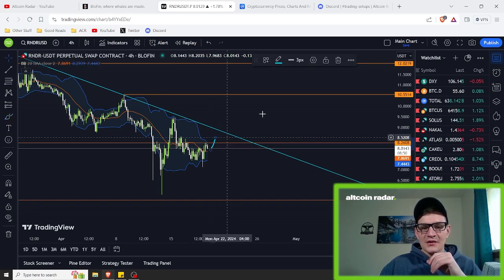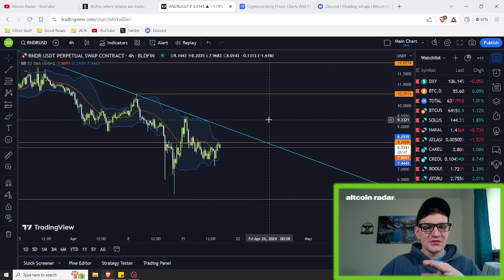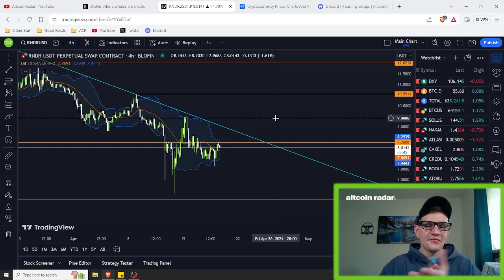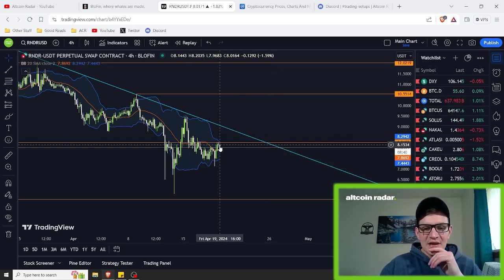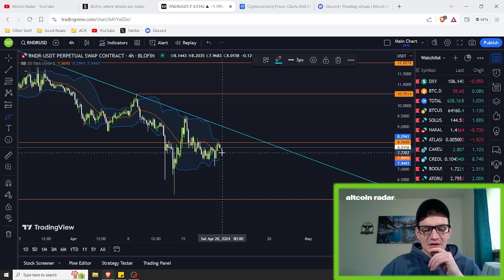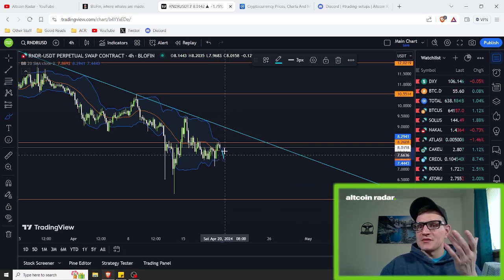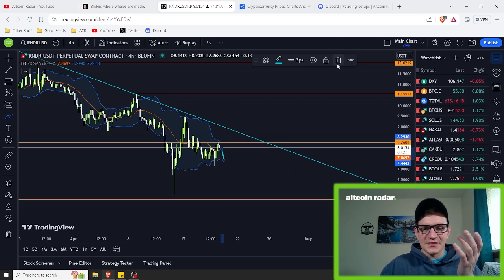So these are the key things we want to be paying attention to when looking to see if price is going to move in our favor or not. Because if price does not bounce off of this moving average and instead drops below it, all the way down to the bottom band, then we can fully expect that momentum and confidence have been lost, and we may start another midterm downtrend.